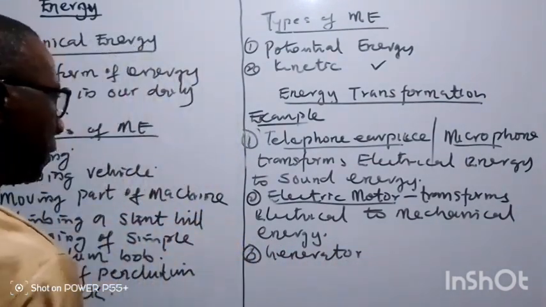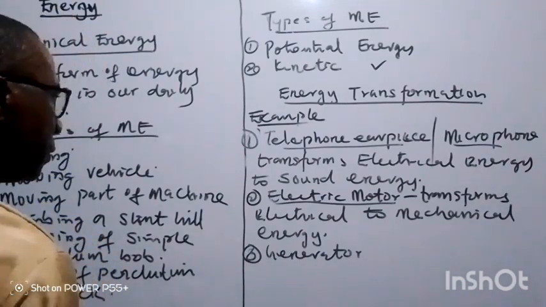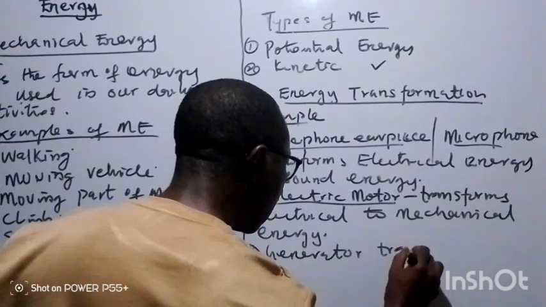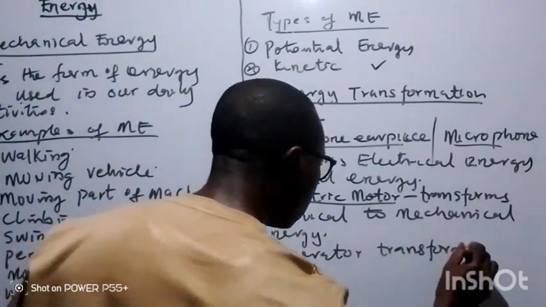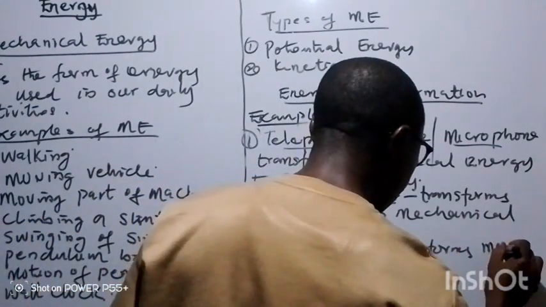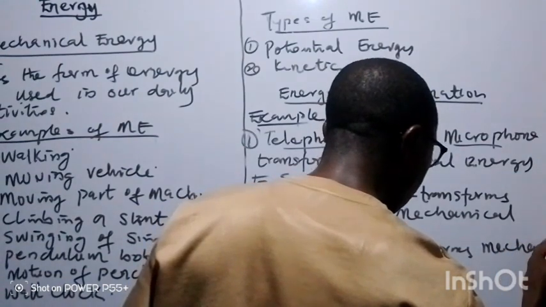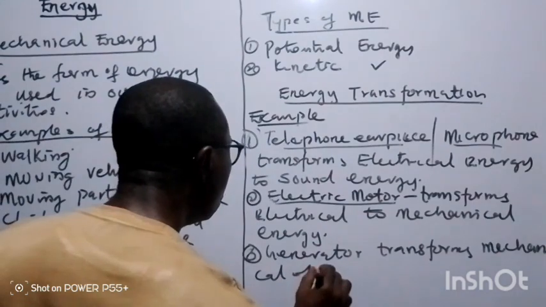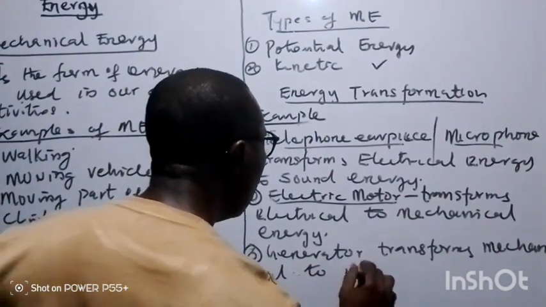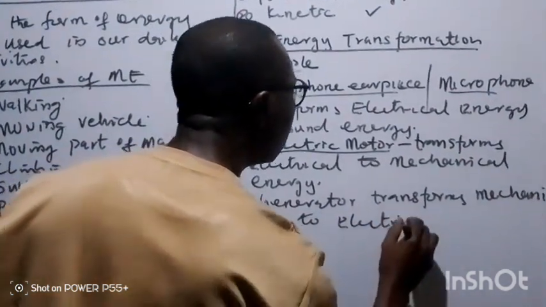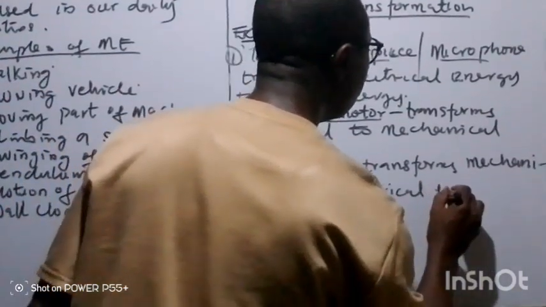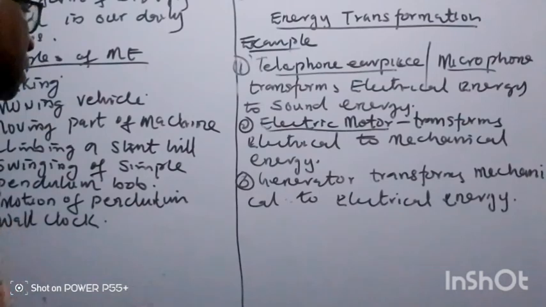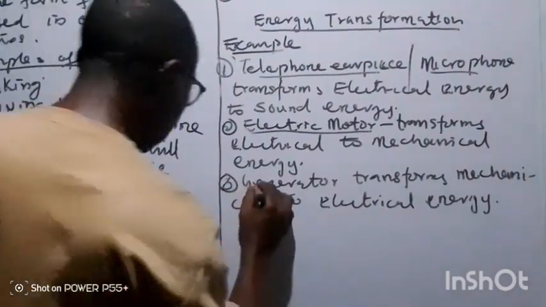The generator we are using at home or at office transforms mechanical energy to electrical energy. That is number 3. Note this one too.